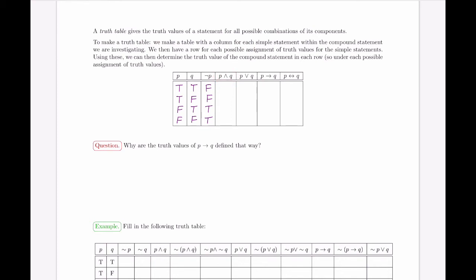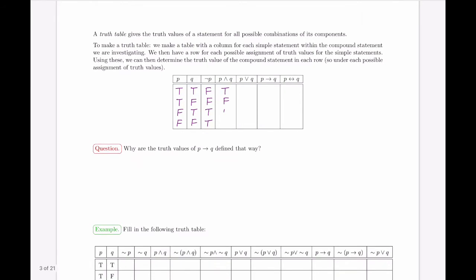So let's go row by row. In the first row, I have true and true. They're both true, so the conjunction, or the "and", is true as well. In the next row, I have true and false. One of them is false, so the conjunction is false as well. The next row, I have false and true. One of them is false, so the conjunction is false.